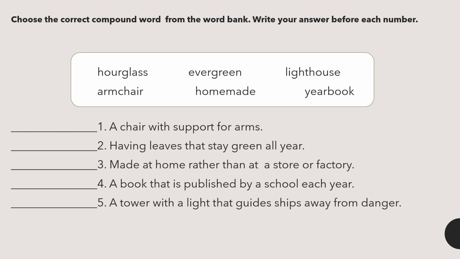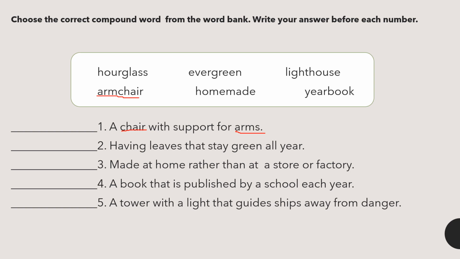Let's try to analyze. Let me help you. So number 1 is a chair with support for arms. The clue that was given to us is it is a chair with support for arms. What is the correct answer? Definitely it is the armchair. Number 2, having leaves that stay green all year.